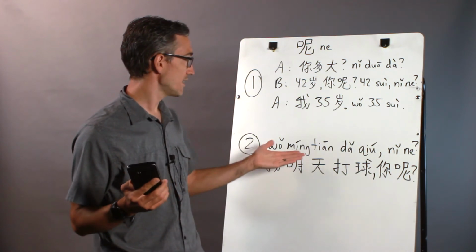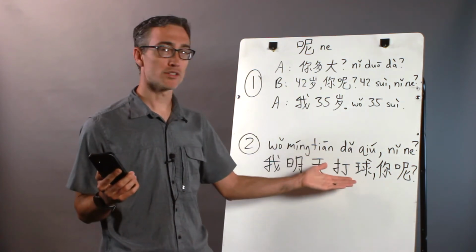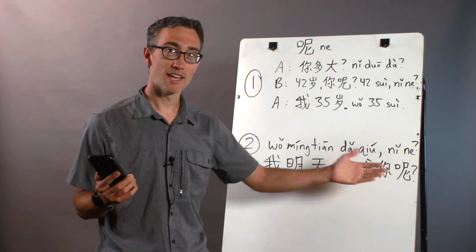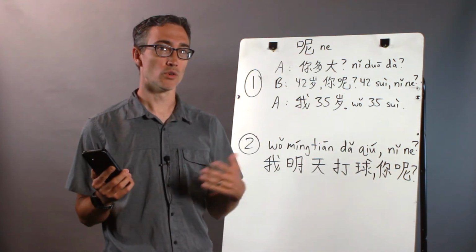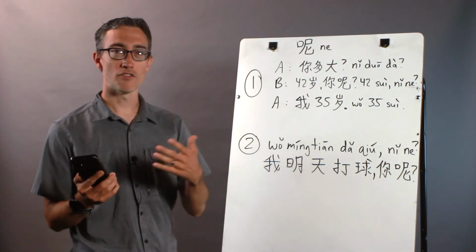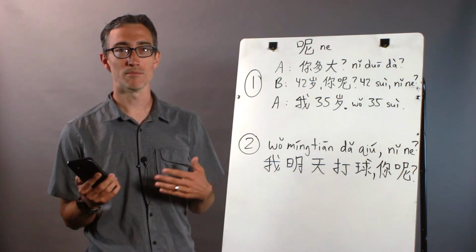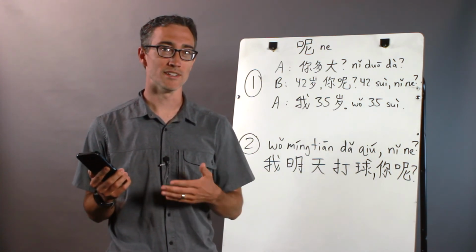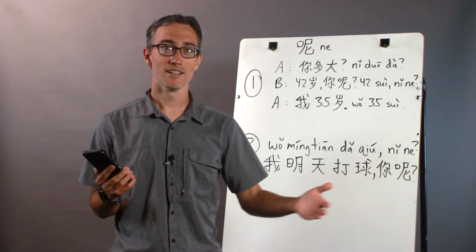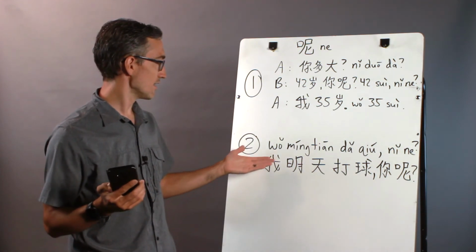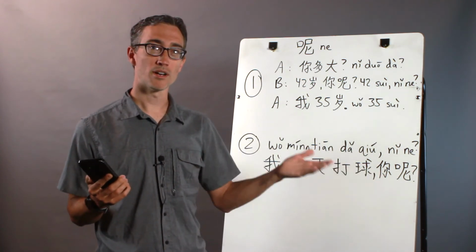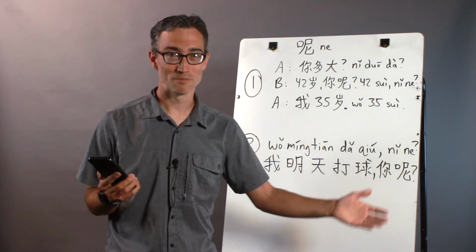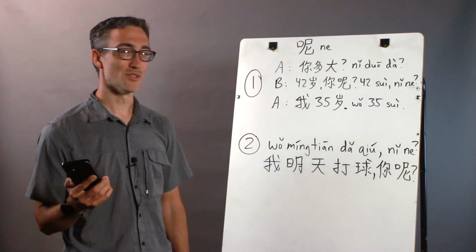So 我明天打球, I'm going to play ball tomorrow. 你呢? And you? It means what about you? Will you come as well or not? So if I were talking to my friend about my plans tomorrow, and at the same time inviting him or her to come, I could say this: 我明天打球，你呢? I'm going to play ball tomorrow. And you? Or what about you? That's a use of na.